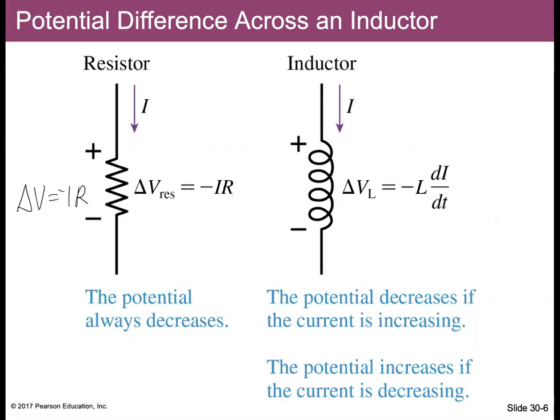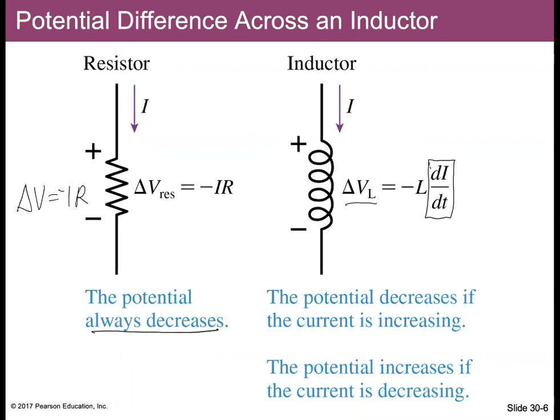So anytime we go across the resistor, the potential always decreases. Now in an inductor, as the current's going across, the change in the potential across the inductor will depend on the sign of the change in the current.